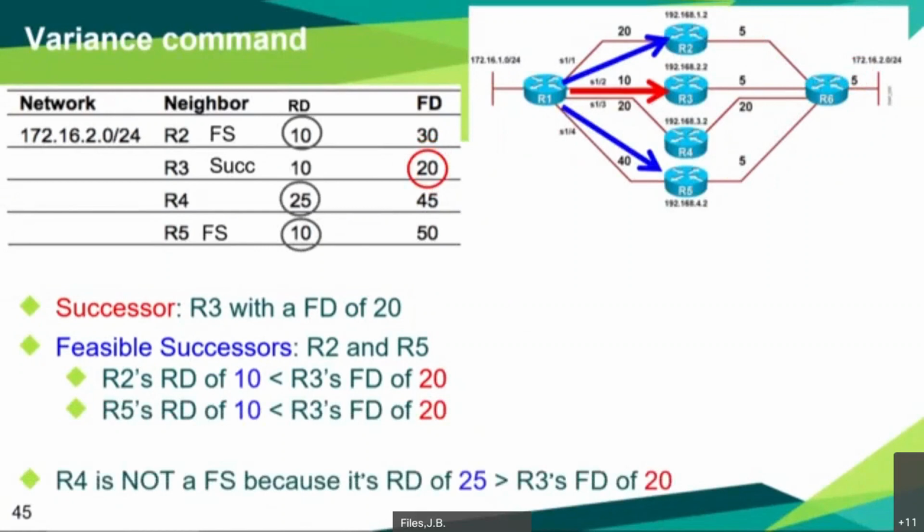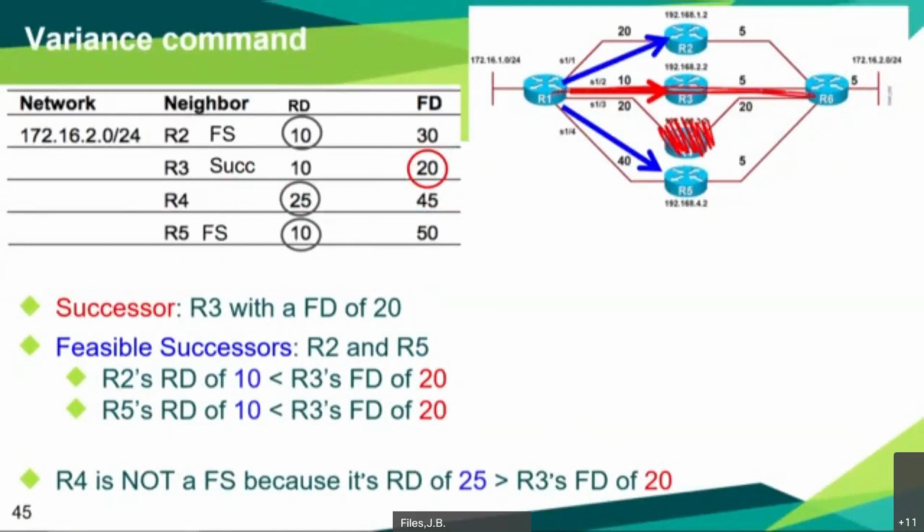However, R4 is not a feasible successor because 20 and 5 gives us 25, and that's too big. Essentially, 3 out of the 4 paths here are totally usable because we know they're not loops. We can't use R4, but we can use the other 3.